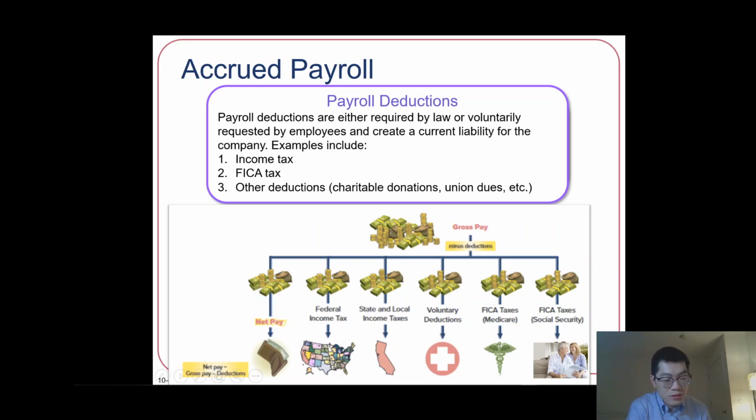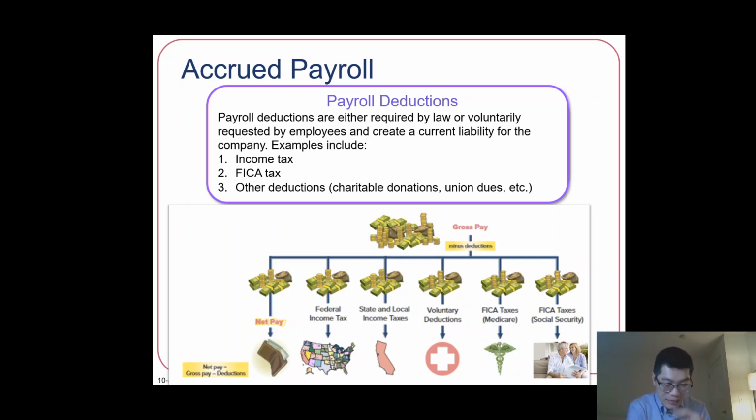All these three things are the responsibility of employees, the people who actually earn salaries and wages. But for simplicity, your employers will hold off part of these taxes from you, for the federal or state governments.